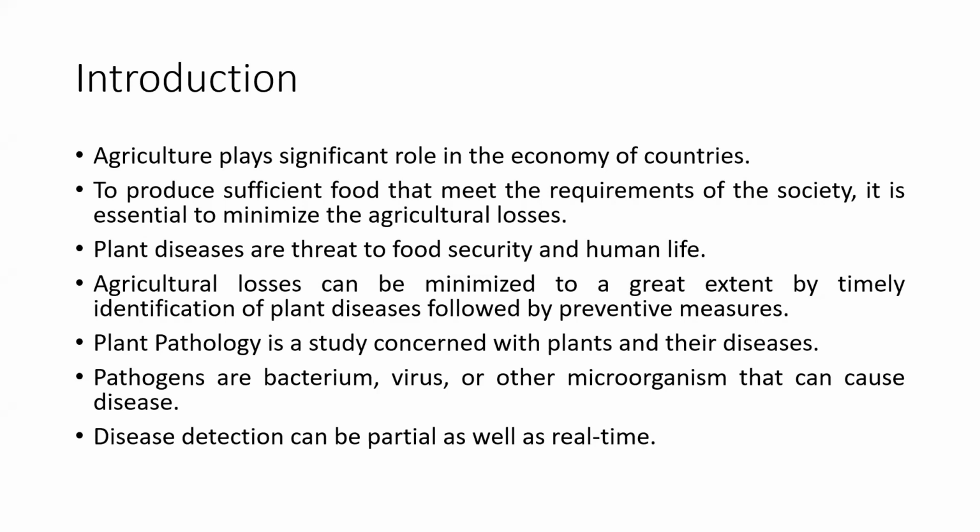Not only AI, we have IoT as well. So IoT and AI algorithms are playing a very important role. Until we minimize the losses, it is a threat to human life. In order to bring food security, plant diseases have to be detected at an early stage.